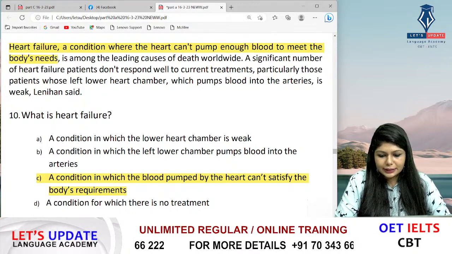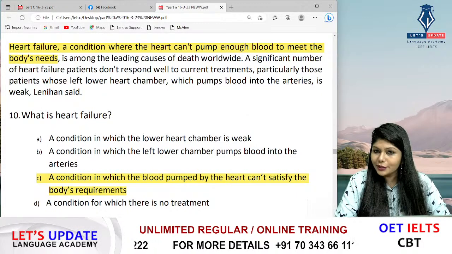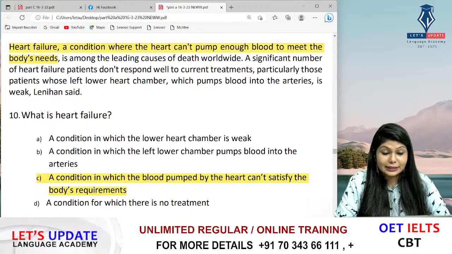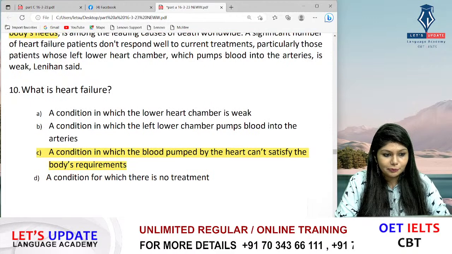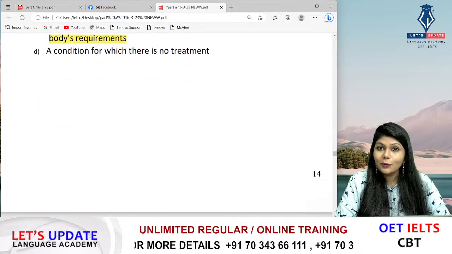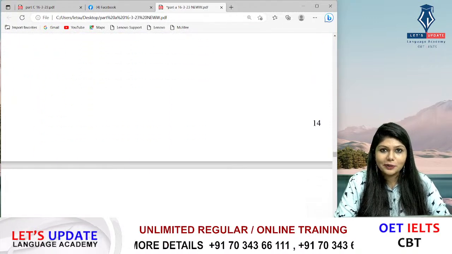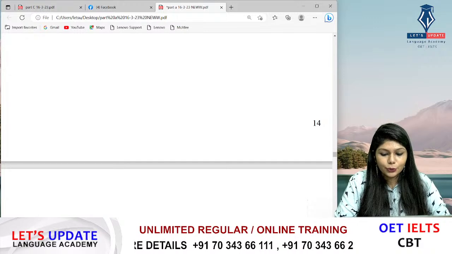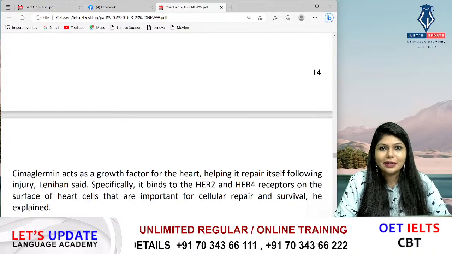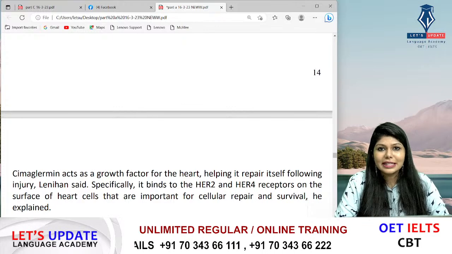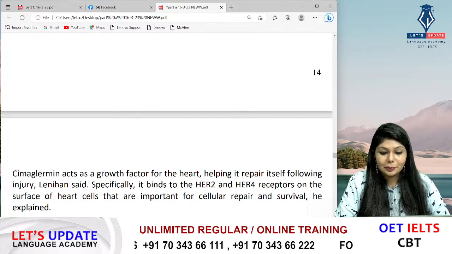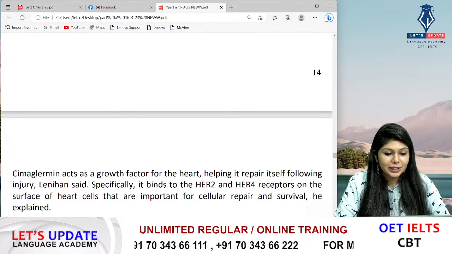So I hope that is clear to you. This is why your correct answer is C. Exactly what is mentioned. I don't think you need to eliminate the other options because it is directly, explicitly mentioned over there.